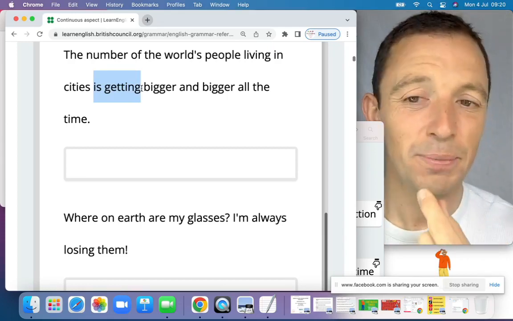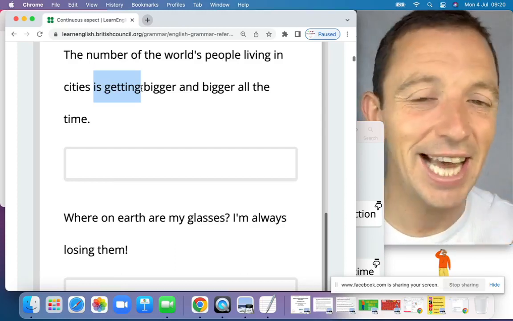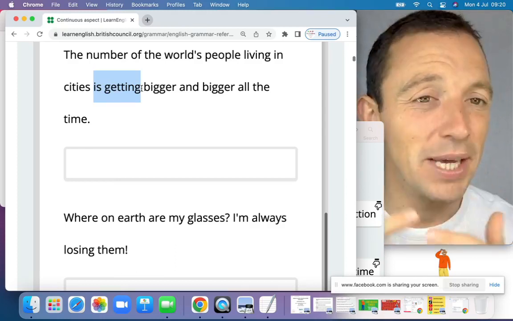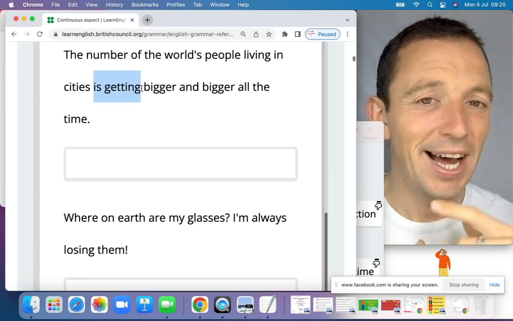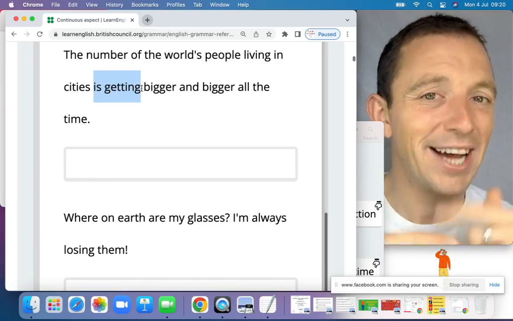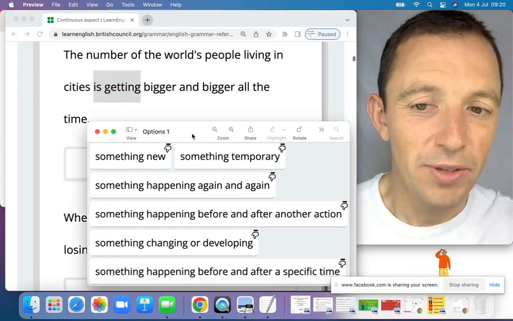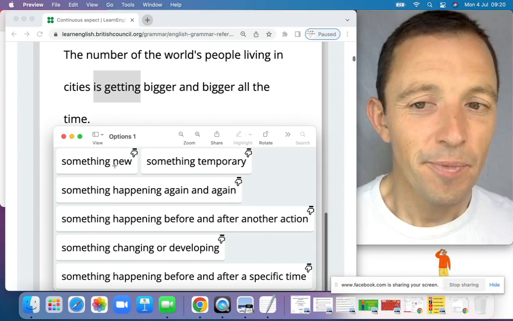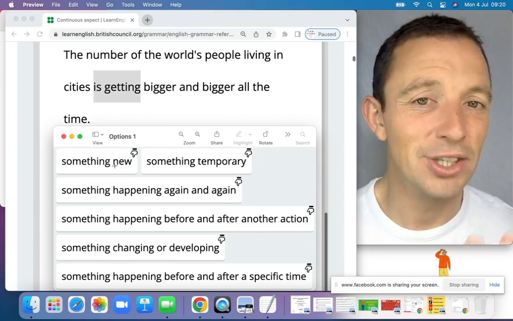The auxiliary verb to be plus the ing gerund, getting, is getting, with the significance becoming. So remember, becoming is like transforming and developing and growing and changing, bigger and bigger all the time. So what do you think? Is this something new? Maybe. Yes, maybe, because the number is new.